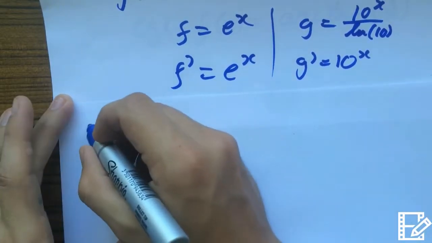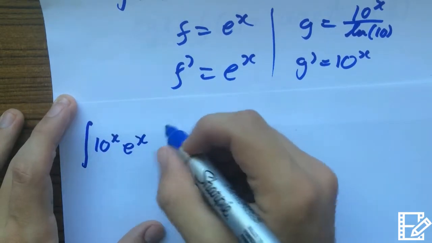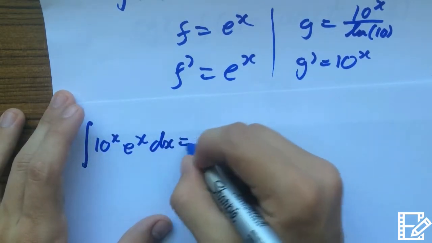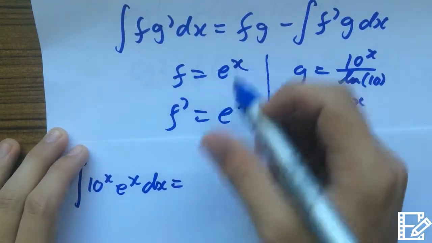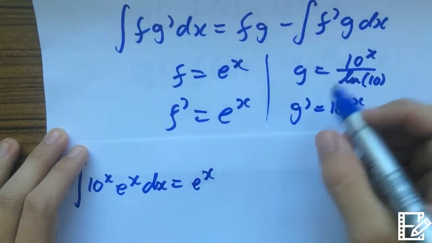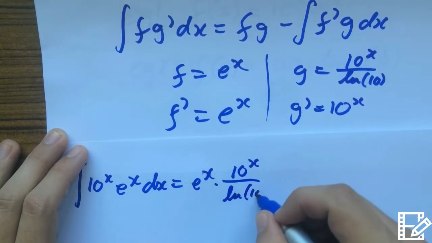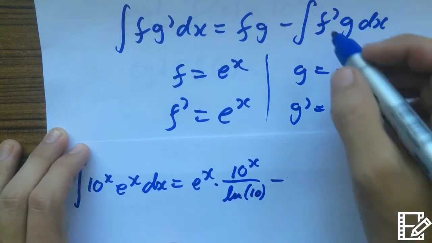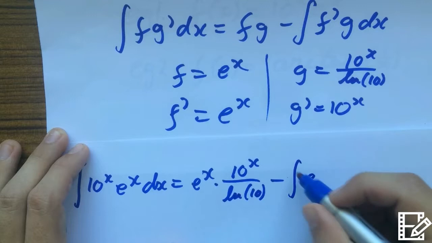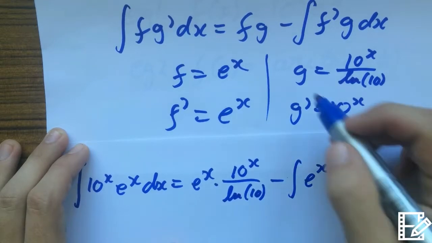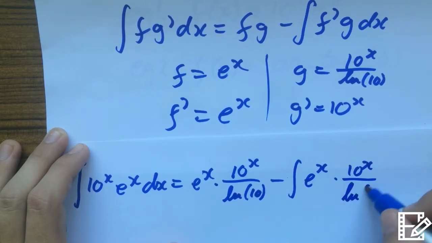Here we have the integral of 10^x e^x dx, which will equal this. So f we said was e to the x, g we said was 10^x on ln of 10, minus the integral of f dash, which we said was e to the x, multiplied by g, which we said was 10^x on ln of 10.